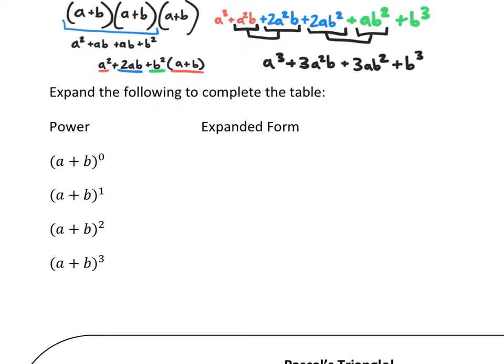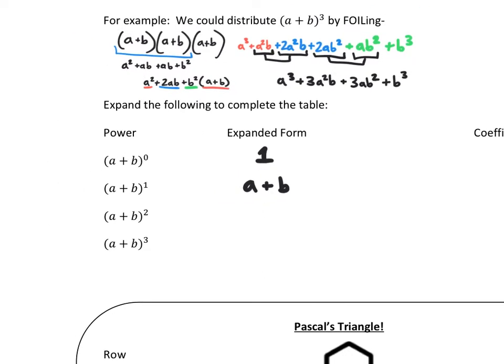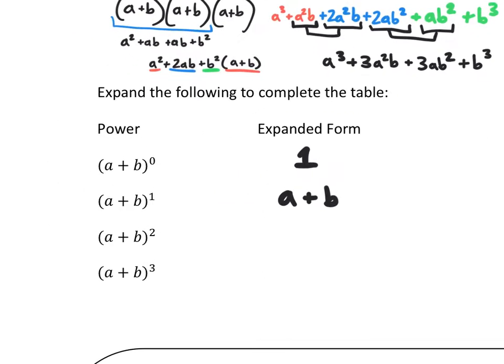All right. Well, anything to the 0 power from our rules of exponents is 1. Now a plus b to the first power is simply a plus b. We saw what a plus b squared is up above. I'm going to put a star by it. It was this piece right here, which was a squared plus 2ab plus b squared.